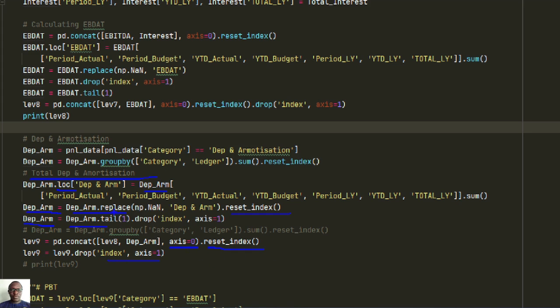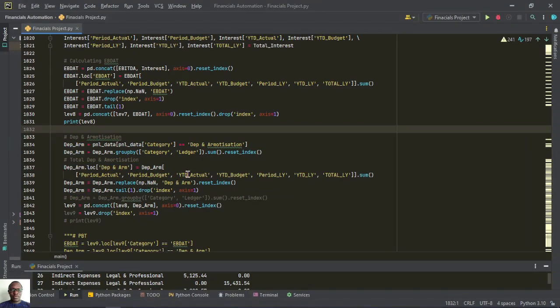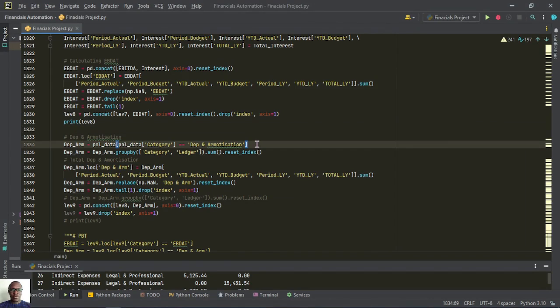So before we print level 9, let me just try to show what we have as dep and amortization before we group by category and ledger.